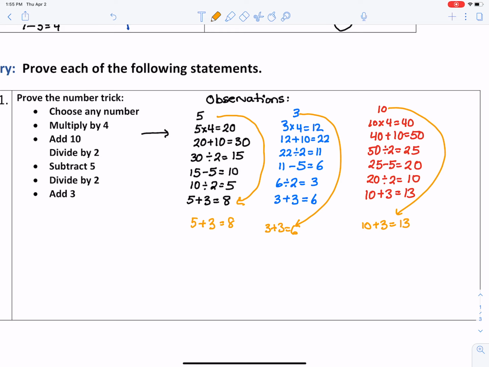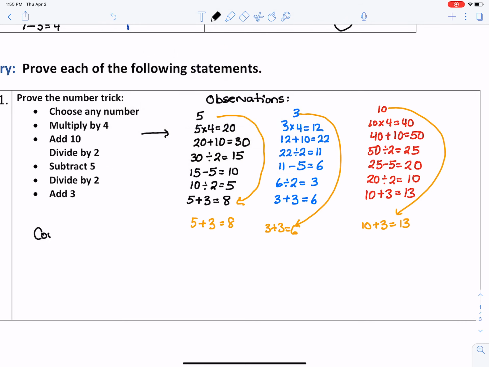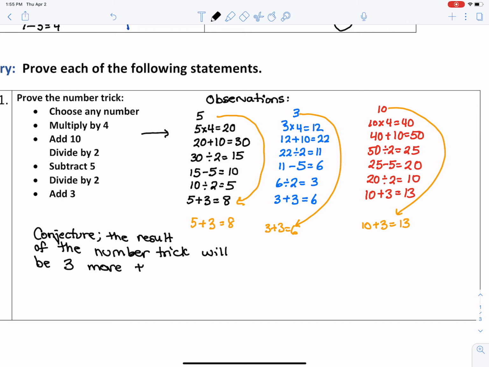So my conjecture here, let's just try to write a conjecture. The conjecture is the result of the number trick will be 3 more than my original number.